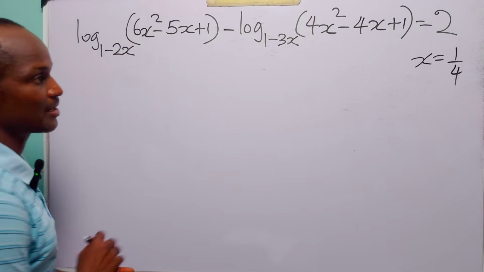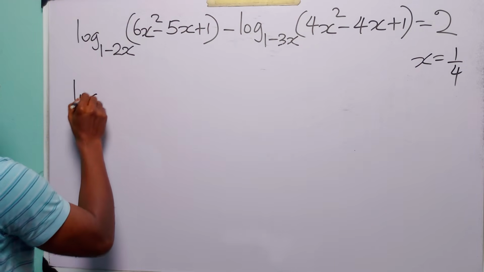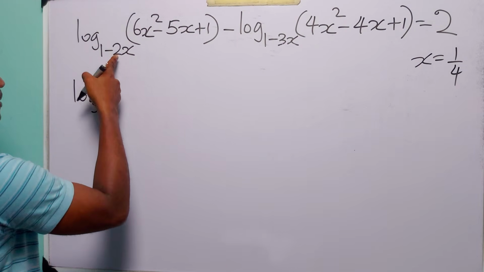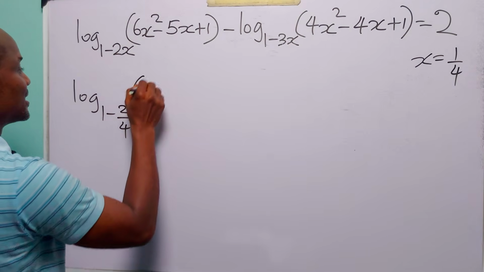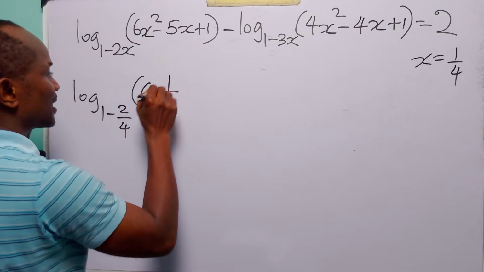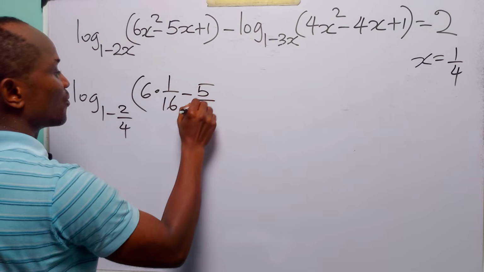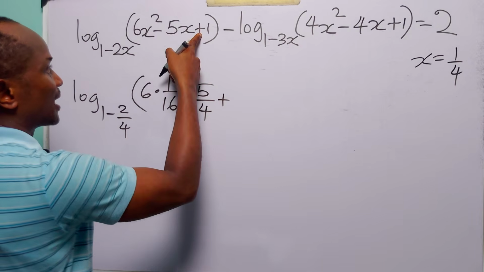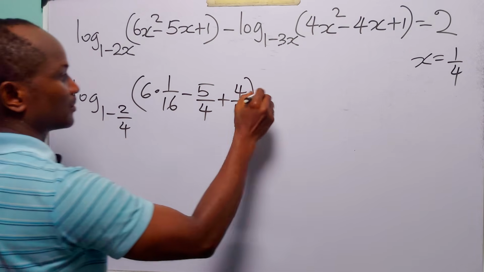Now to check our answer, when x is equal to 1 over 4, we have log to base 1 minus 2 over 4 of 6 times 1 over 4 squared, which is 1 over 16, minus 5 over 4 plus 1. Now 1 is the same as 4 over 4.